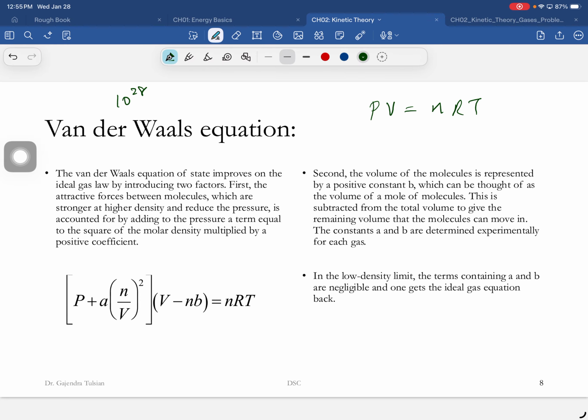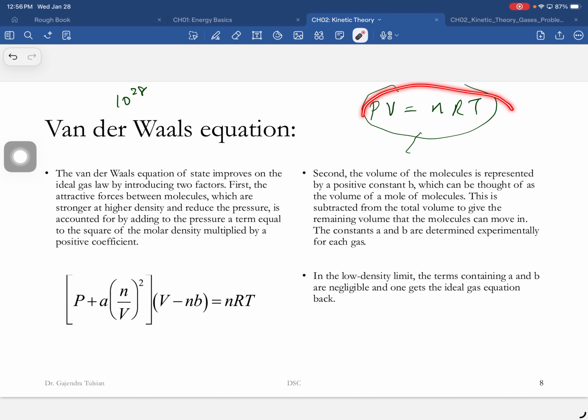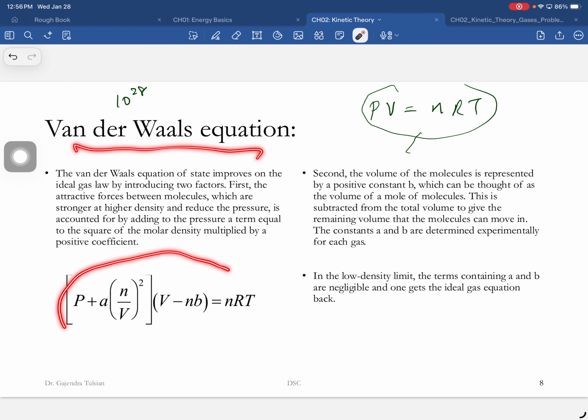And then this is, well, the molecules do attract each other. So what happens? Here's this molecule, and this other molecule is trying to hit the wall. If this molecule attracts that molecule, that other molecule will hit the wall with a smaller force. So the presence of other molecules, the attractive force, reduces the pressure of the gas. And that's what this term is. The higher the density of molecules, the more the pressure term decreases because of the attractive force.